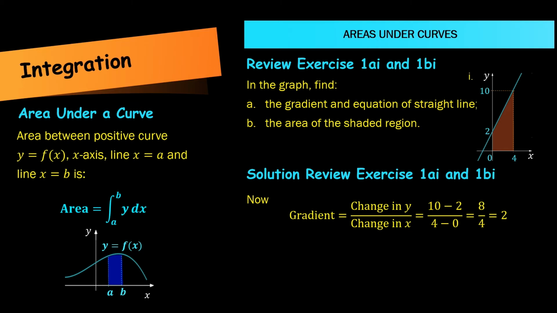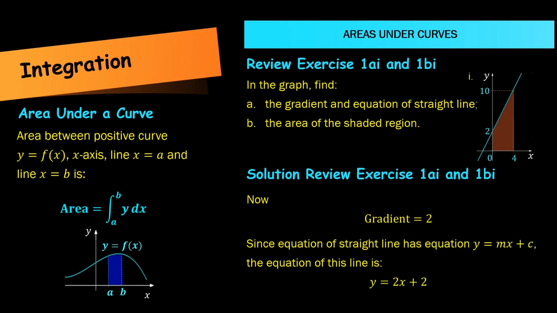So the gradient of the line is 2. Since the equation of the straight line has equation y equals mx plus c, the equation of this line is y equals 2x plus 2. Here's the gradient, and here's the y-intercept.